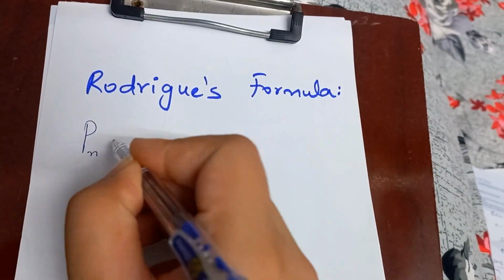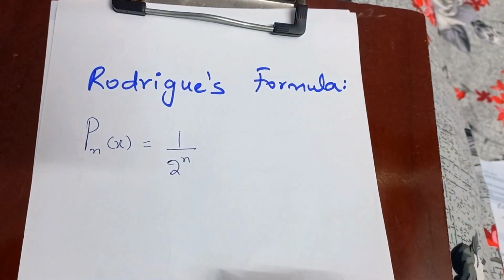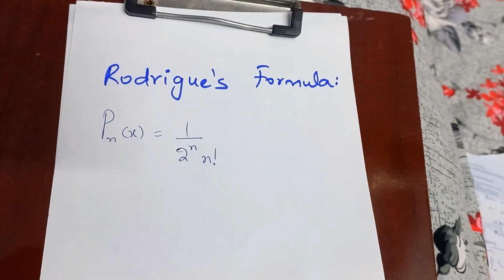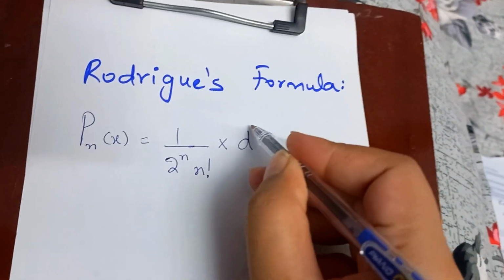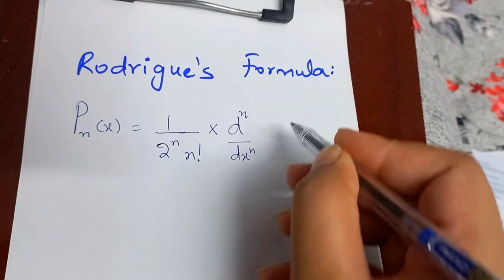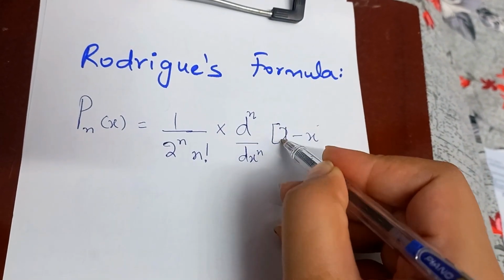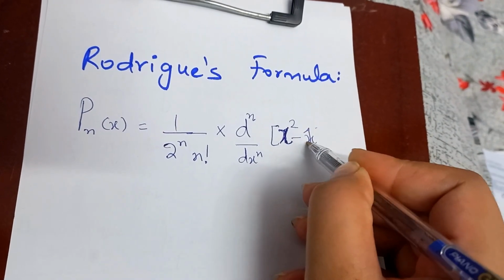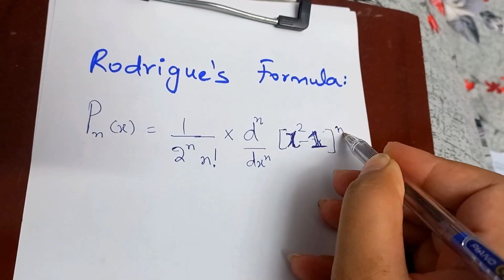It's Pn of x equals 1 over 2 to the power n, multiplied by n factorial in the denominator, multiplied by the nth order derivative of what term? Of x square minus 1 to the power n.